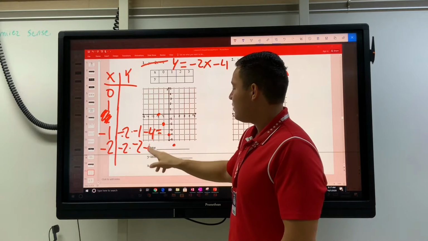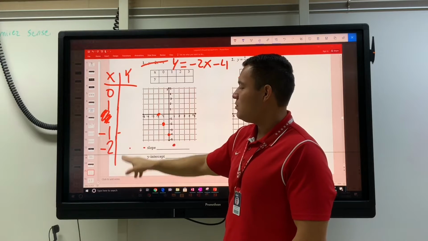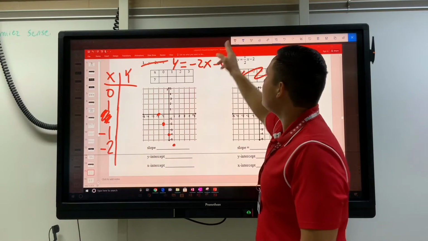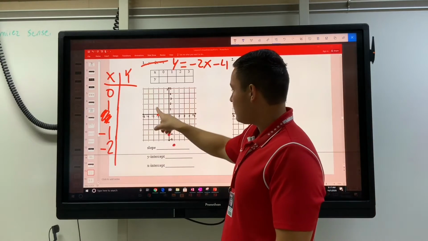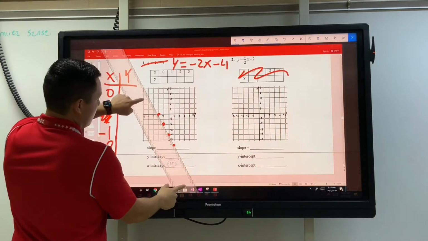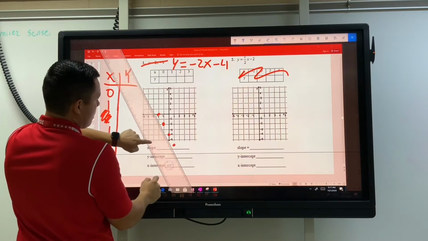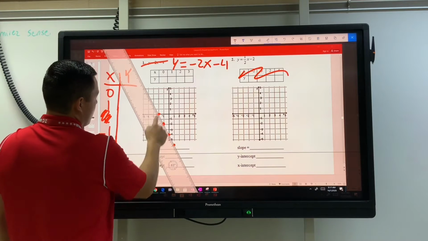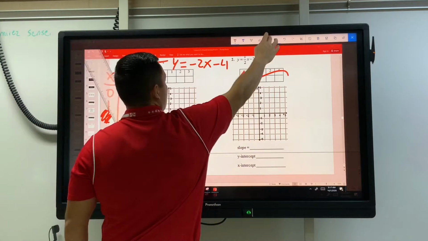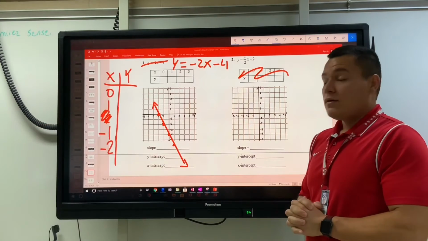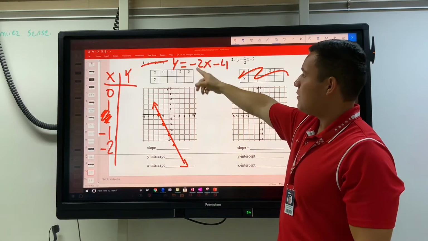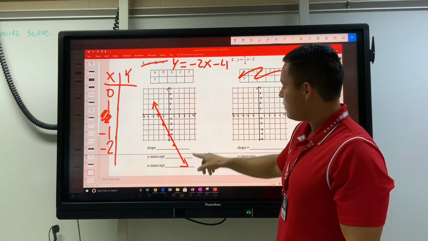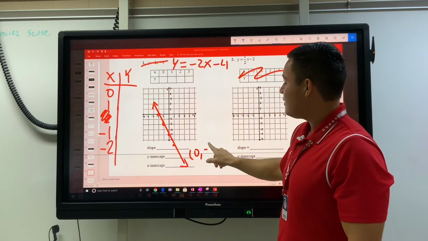Now I have to erase my work, but hopefully you gave yourself enough space that you don't have to erase anything. And then we're going to connect these dots with a line. There's our line that has a slope of negative 2 and the y-intercept of 0, negative 4.